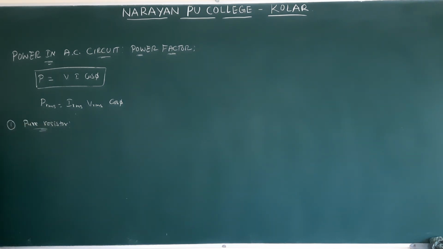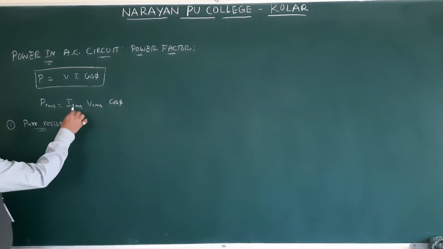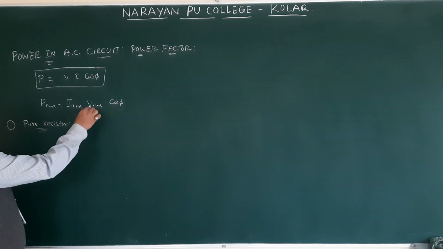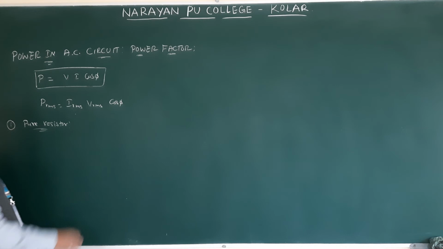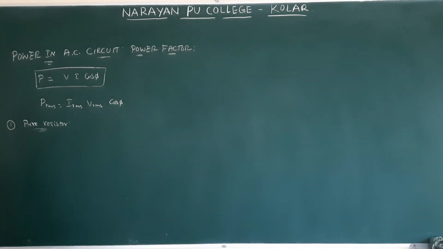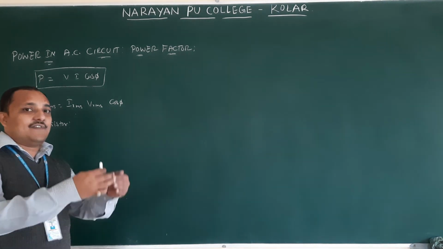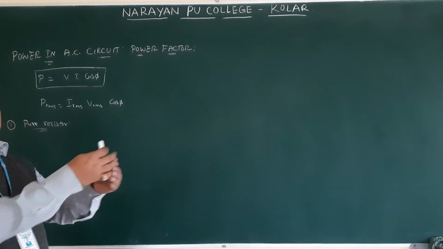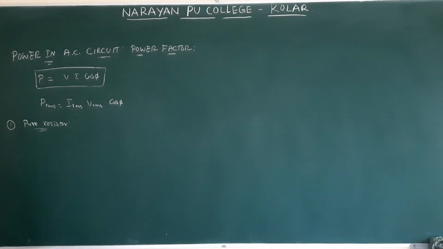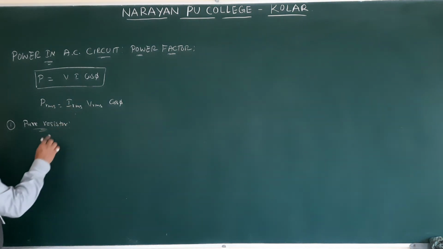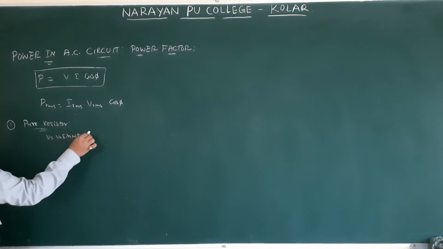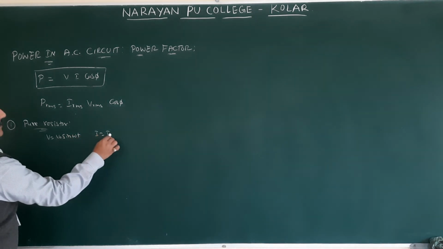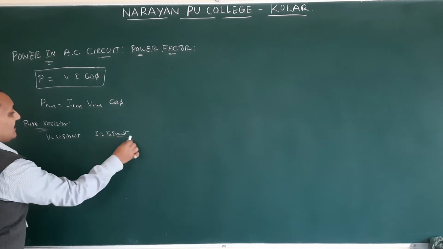Now in a pure resistor, some amount of voltage we give from the AC source, and some amount of current is passing. What is phi here? In a pure resistive circuit, what is the phase difference between voltage and current? Zero. Do you remember? V is equal to V naught sin omega t, and I is equal to I naught sin omega t.